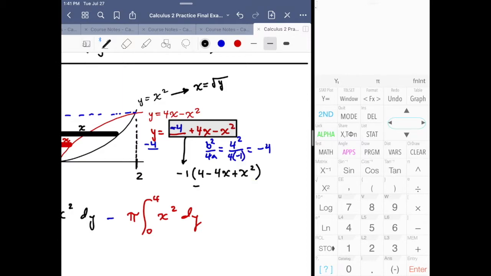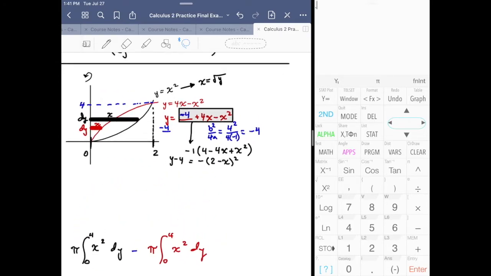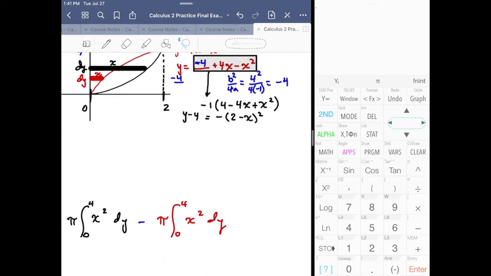So that's going to be negative 2 minus x, the quantity squared, is equal to y minus 4. I'm going to give myself some more room, move this around a little bit. All right, negate both sides. So 4 minus y is equal to 2 minus x squared. Take the root of both sides.